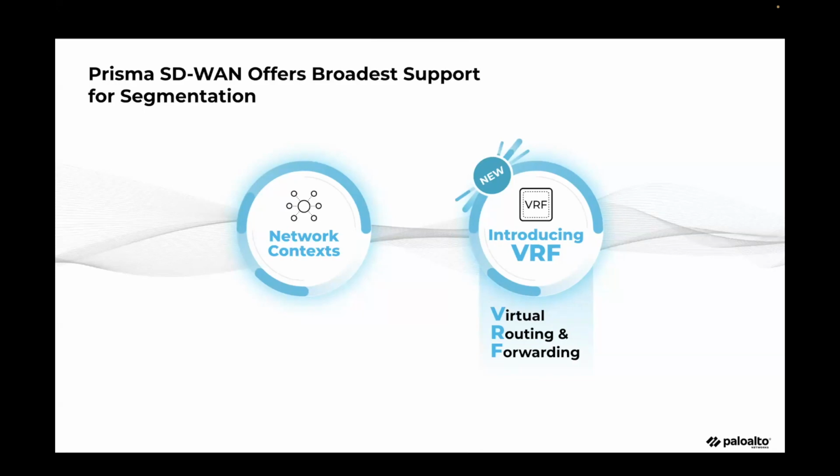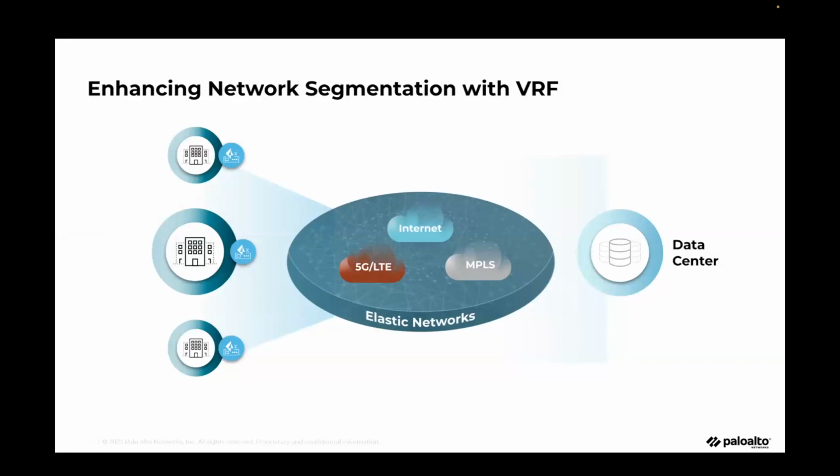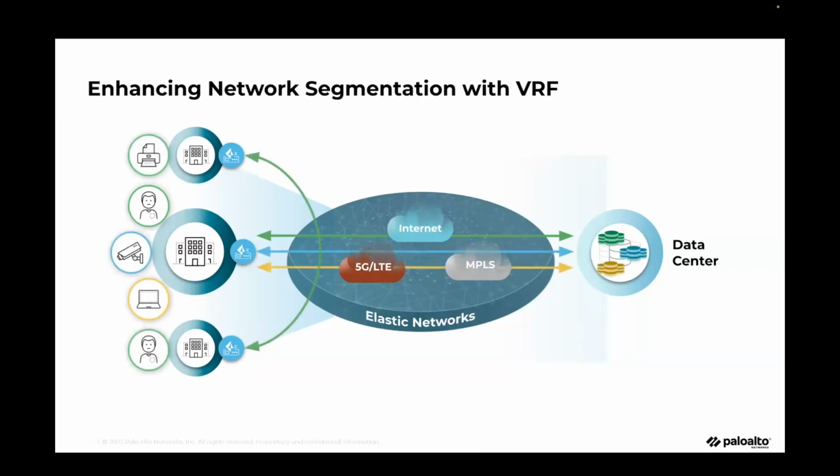So for that purpose, we are now introducing VRF capability in Prisma SD-WAN deployments, where you can have segmentation. You can define your VRFs on a per interface or sub-interface level at both the branch and data center locations, and we can provide you end-to-end segmentation between branch to data center or branch to branch traffic. And you can also have policies based on those.